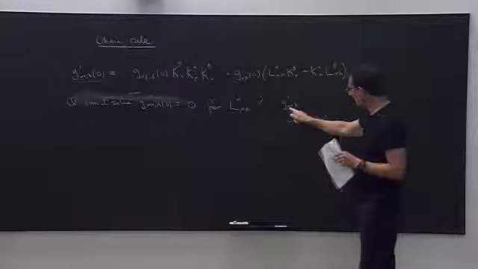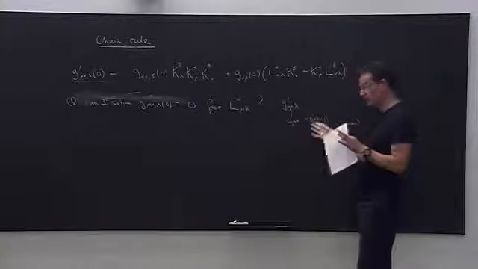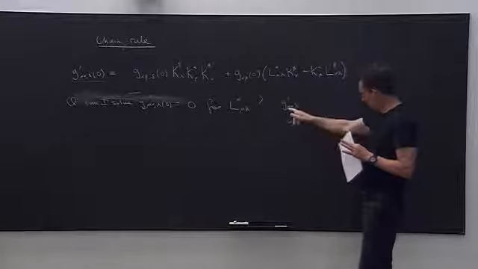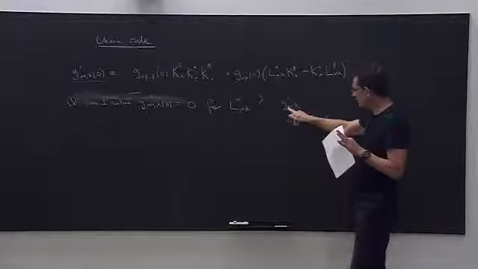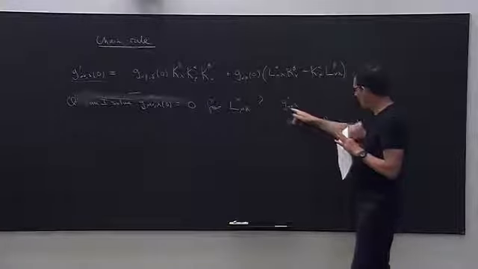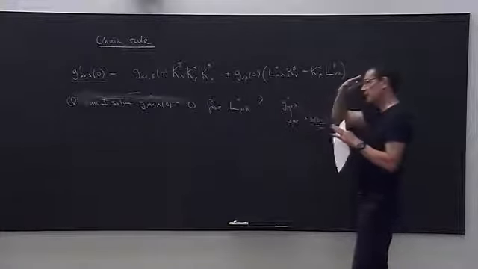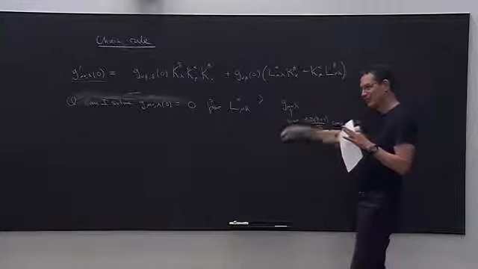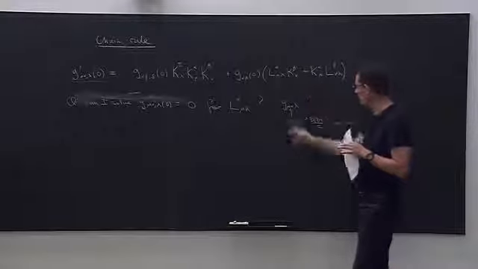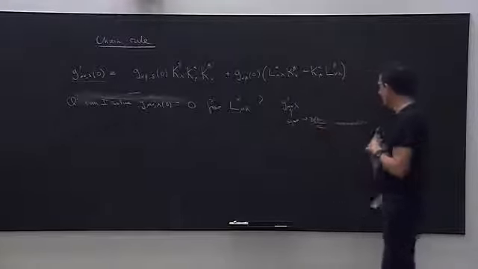That's how we get the 10 actually: 4 times 5 over 2 is 10. But in general D, there will be D values of this index, D on the diagonal, and then D times D minus 1 over 2 off diagonal. And you add them up, you get D times D plus 1 over 2.